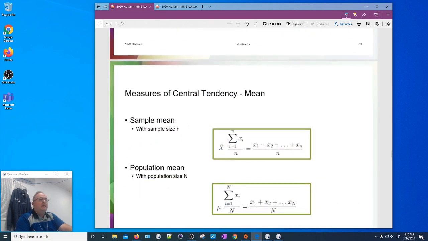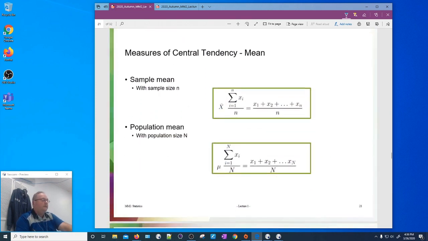The sample mean is given with this particular example, and in this case what we want to say is that there are two versions of the mean. Why are there two versions of the mean? What's going on here?